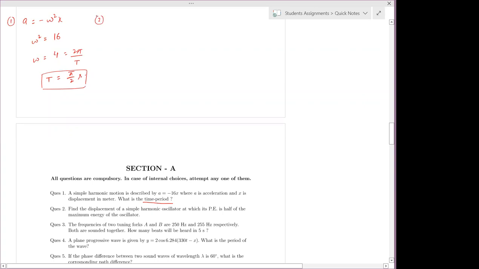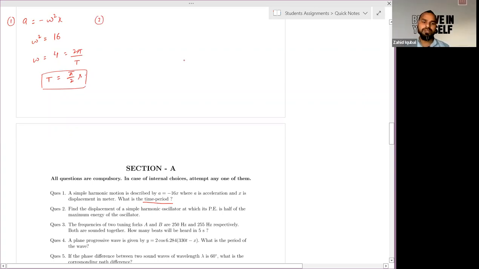Second one, find the displacement of a simple harmonic oscillator at which its potential energy is half of the maximum energy of the oscillator. According to the expression of potential energy, it will be half m ω² y². And maximum energy will be equal to total energy, which is half m ω² a².